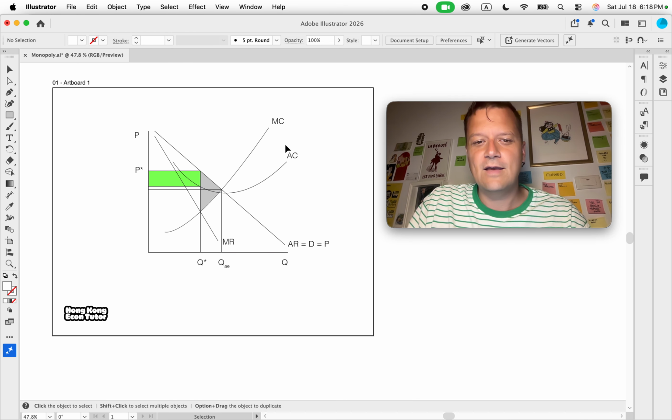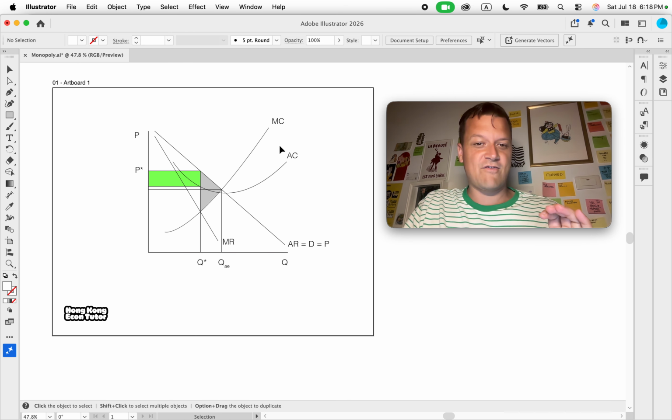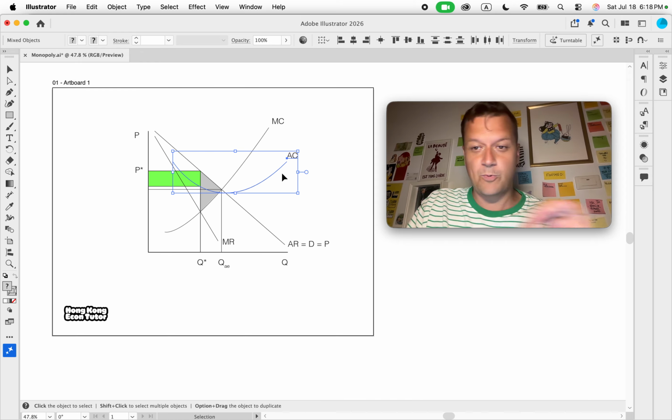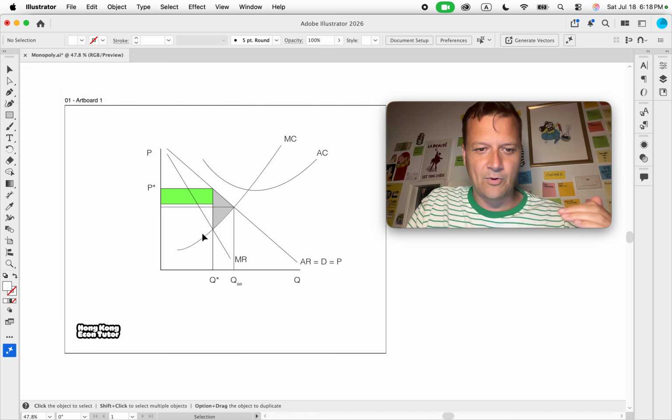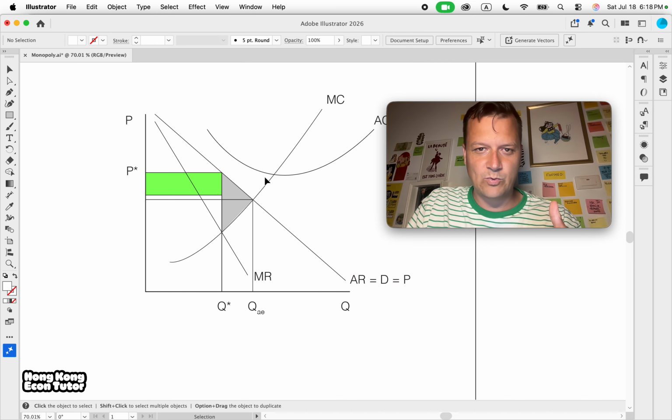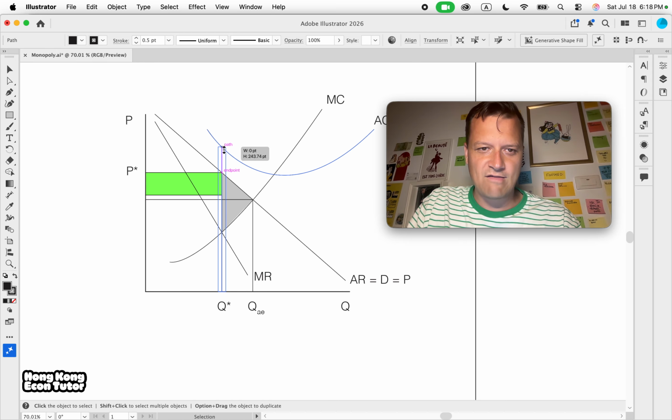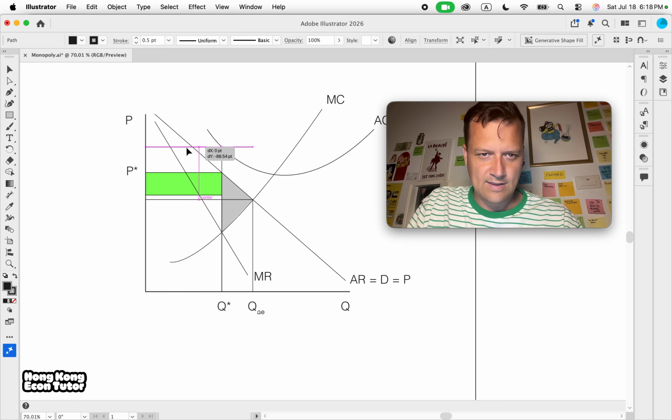Well, it's really easy. If it's just the fixed cost changing, it's extremely easy. All you have to do is drag up the average cost curve, and we'll put it up to here. Remember, the firm is still producing where marginal revenue equals marginal cost, but I'm going to drag this line up to the cost, which is right there. Let me tidy that up a little bit.